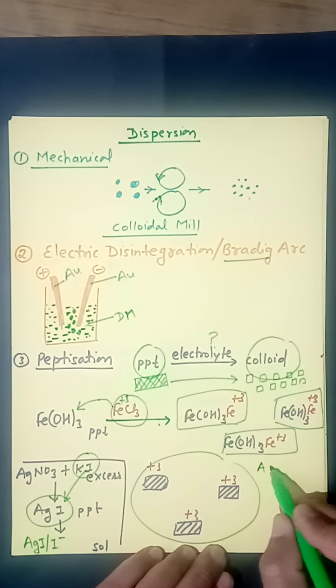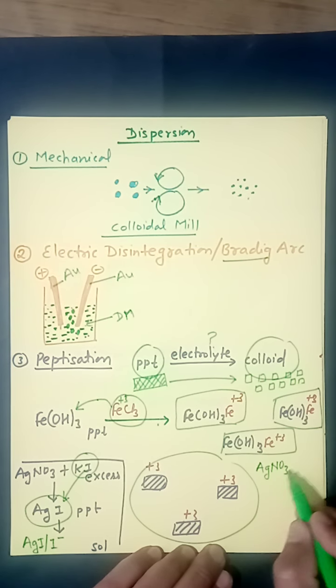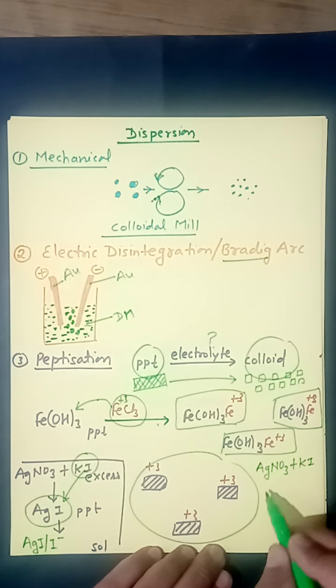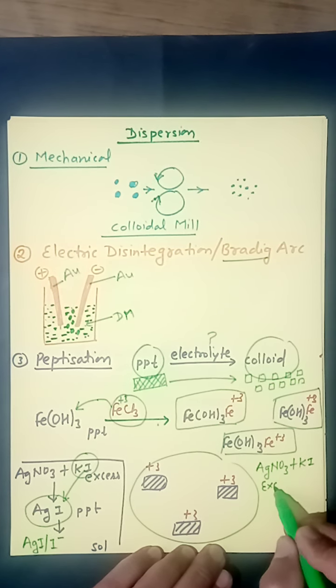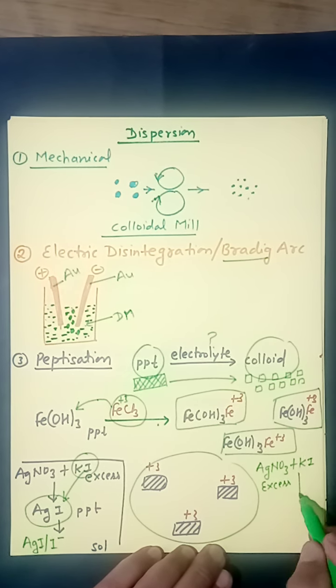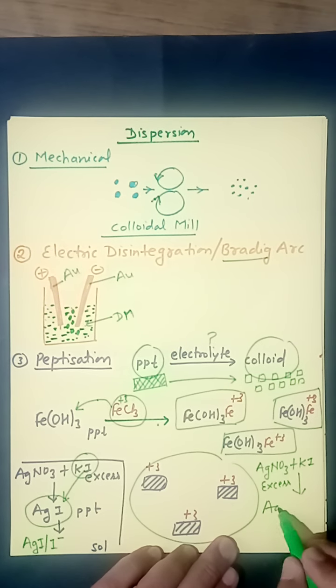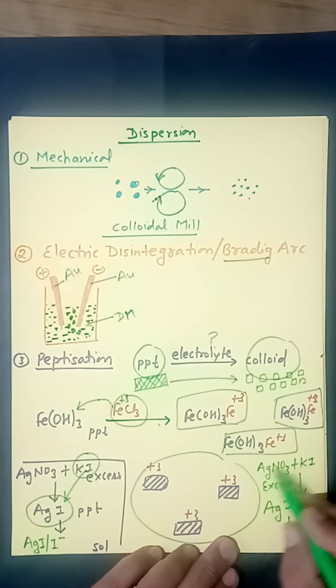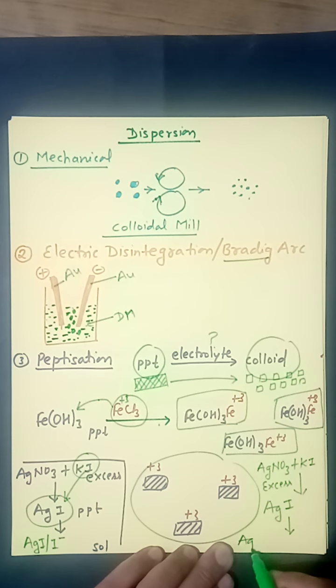Similarly, in the same condition, if we mix silver nitrate and KI, this time suppose silver nitrate is in excess. Once again, first AgI will precipitate, but because this time silver nitrate is in excess, silver is the common, like ion, so this time the colloidal form will be AgI Ag+.